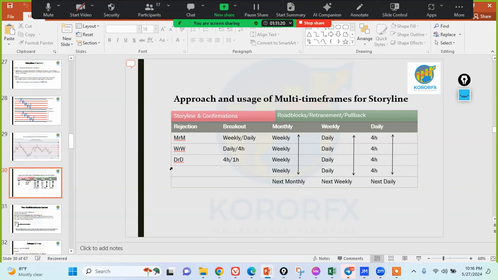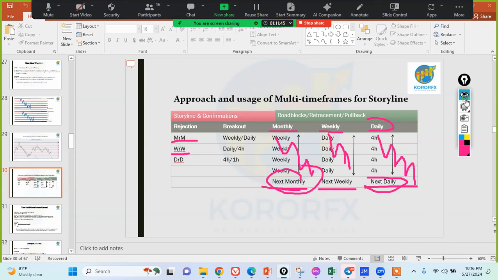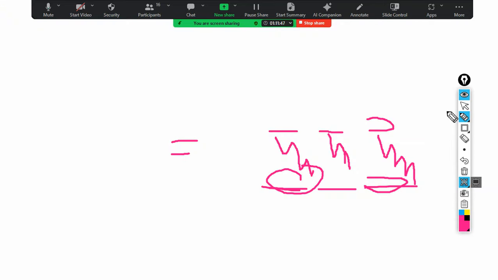You will always follow the parents, and even among the parents, they are greater than one another. The monthly is the biggest time frame, the second is weekly, and then the daily. This is a good question because most newbie traders do not understand this. Let me explain this by illustration, by drawing it.